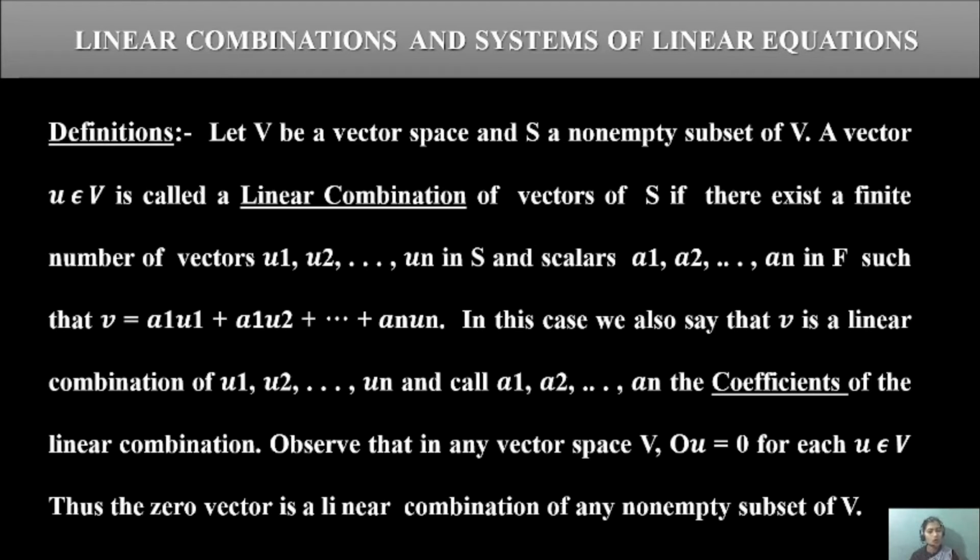Multiplying by 0 gives the 0 vector, hence the 0 vector is a linear combination of any non-empty subset of V. This is the definition of a linear combination.